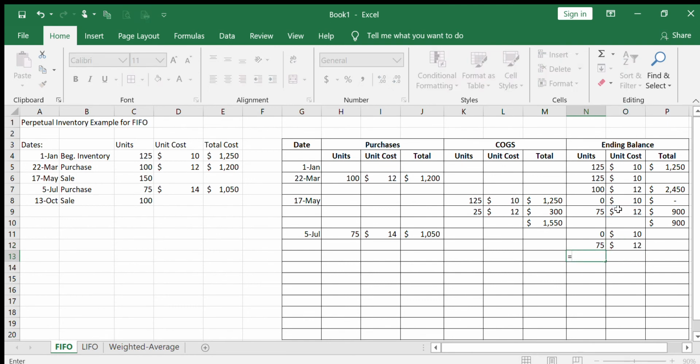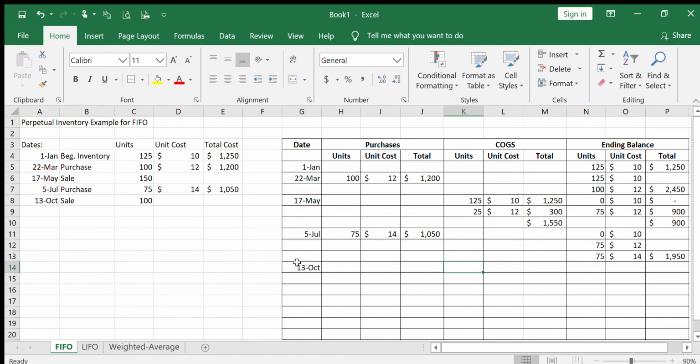And now we have 75 units at 14. And this is going to give us our total amount. We're going to do our 900 plus our 1,050, and we now have $1,950 worth of inventory.